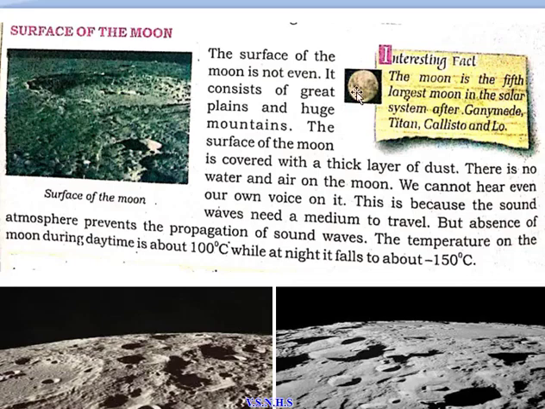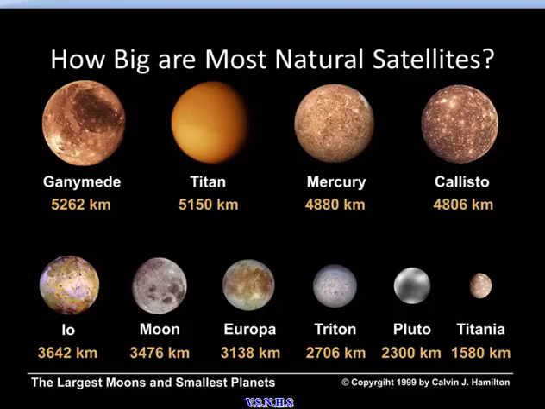and here is an interesting fact: the moon is the fifth largest moon in the solar system after Ganymede, Titan, Callisto and Io. So here is a picture. In this picture you can also find Ganymede, Titan, Callisto, Io, and then the moon. Mercury is not a natural satellite.